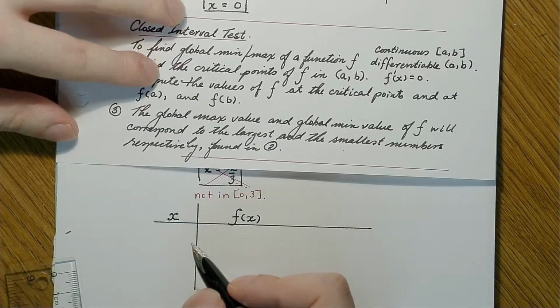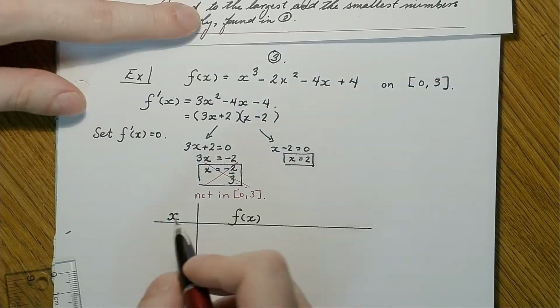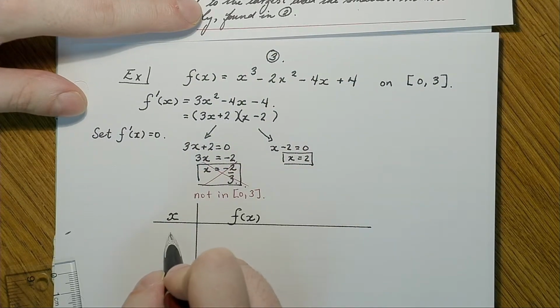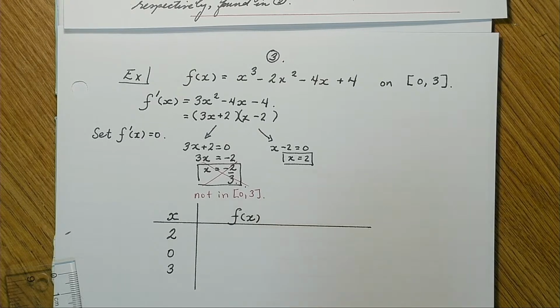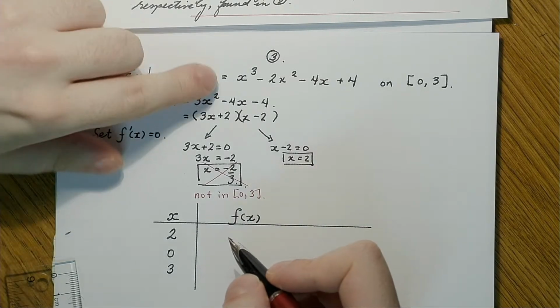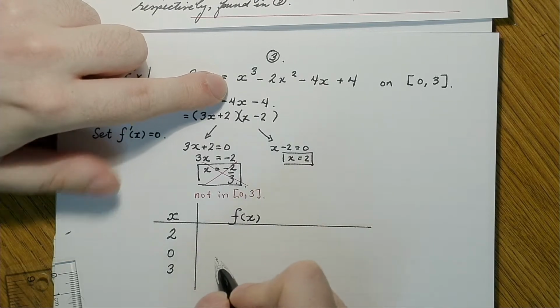So I need to calculate the values at the critical points and at f of a and f of b. So I have 2, which is one of my critical points, and then I have 0 and 3. And so I can actually sub this in. I'll do the 0, don't worry, that's the easy one.